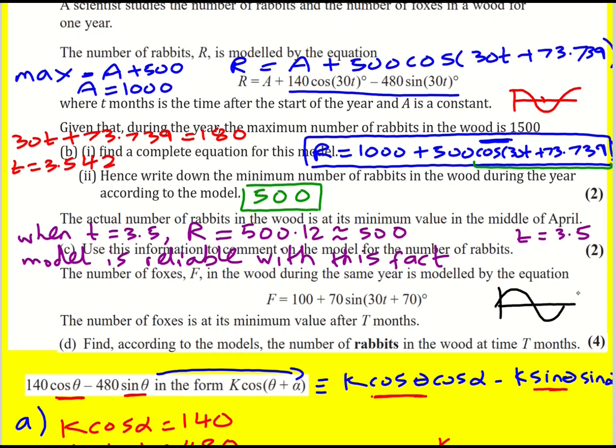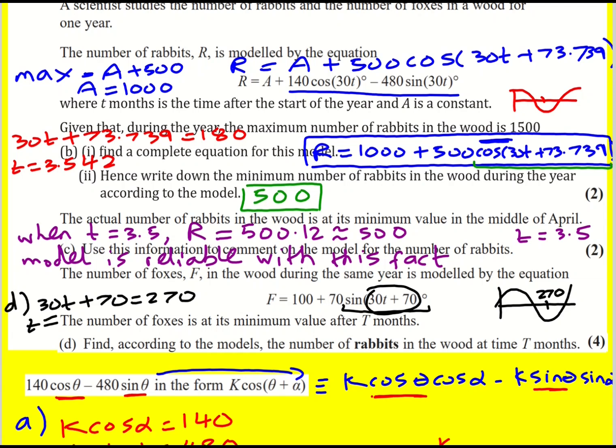Sine actually hits its minimum at 270. The minimum value of foxes is going to be 30 when sine is -1, which gives us a -70 here. But the point is that sine is going to hit its minimum when the argument inside here is 270. So I need to solve 30t plus 70 equals 270.